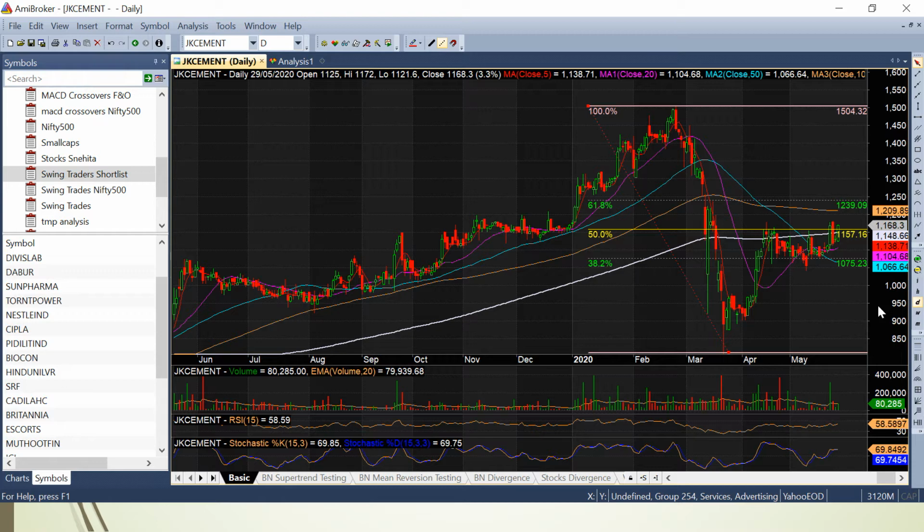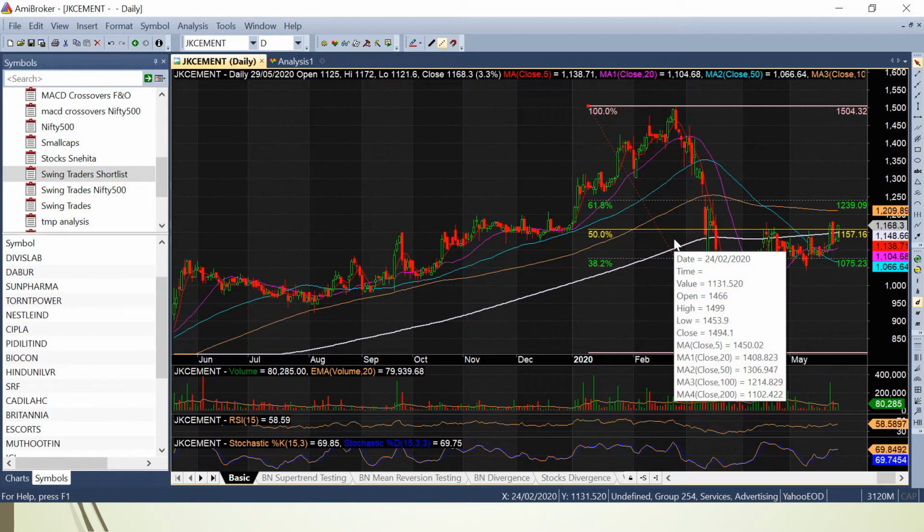If you notice carefully, when I drew this Fibonacci retracement, at the 50% level there is a lot of price congestion historically. I just drew from extreme to extreme, and it automatically falls on a few decent levels, right?